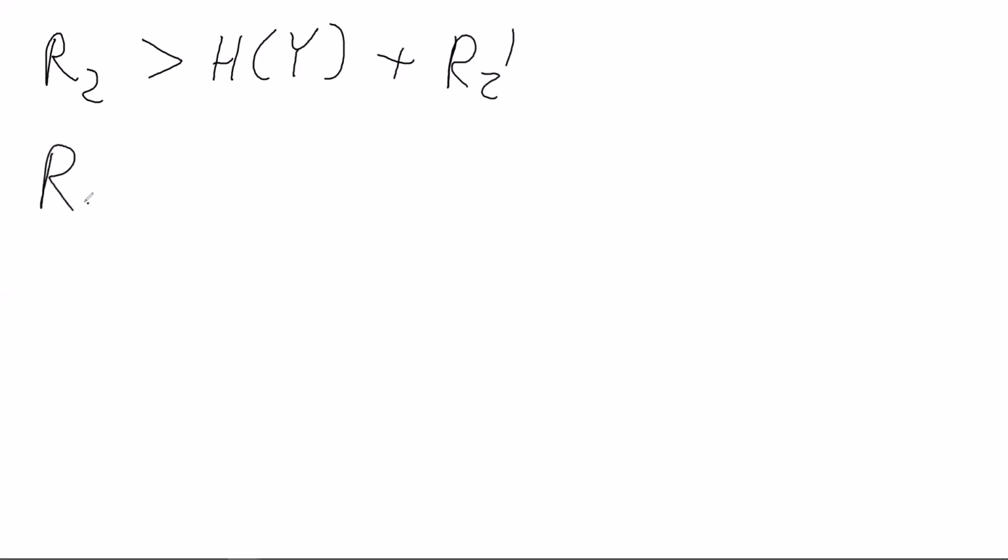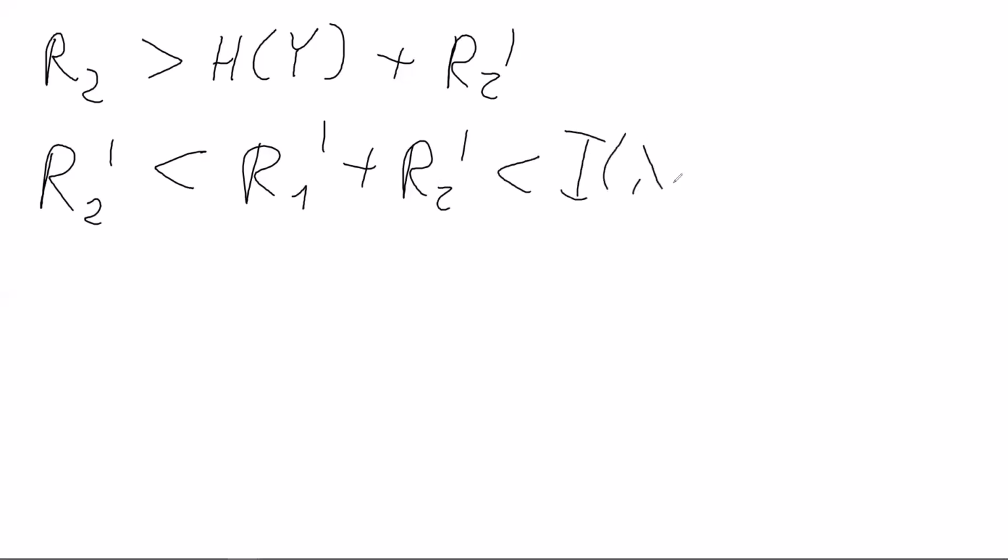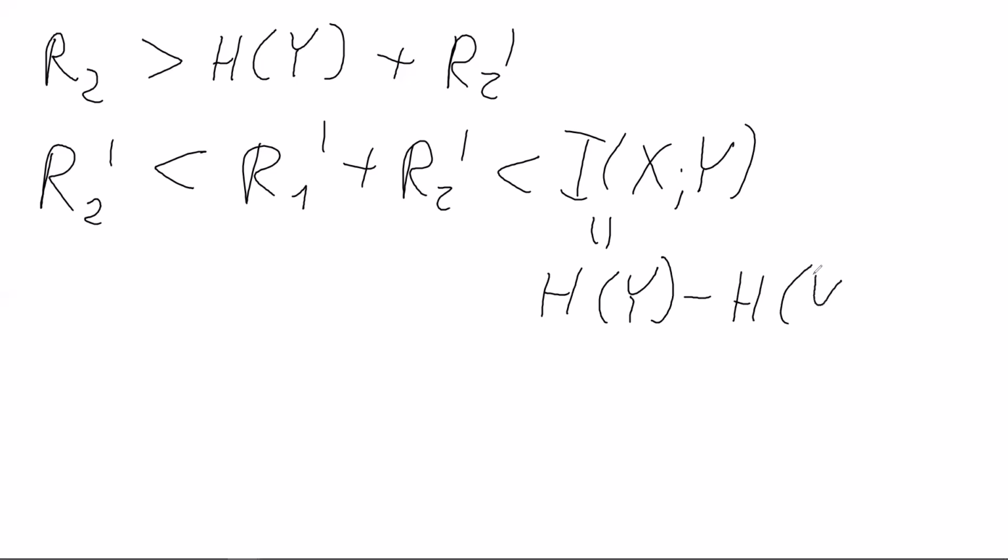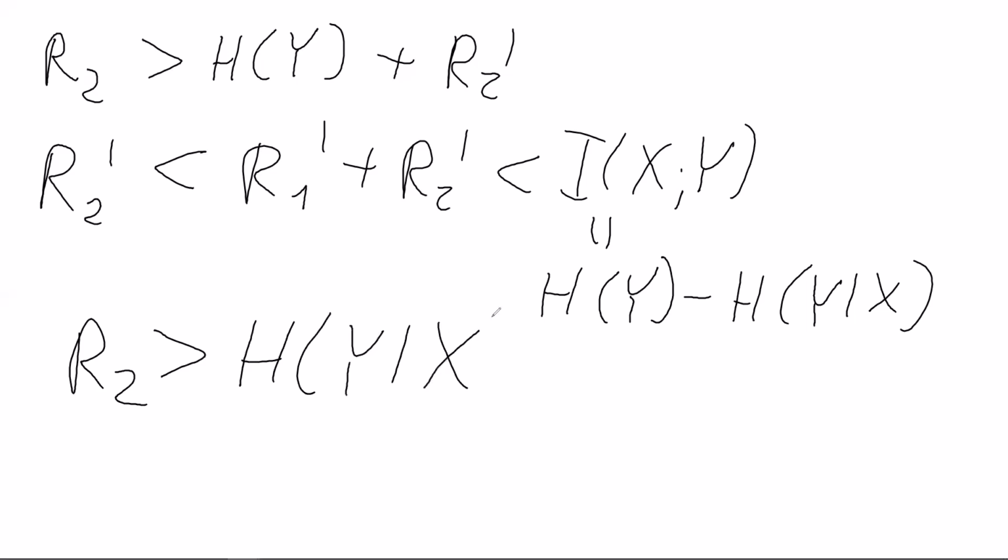And we know that R2 prime, of course, is smaller than R1 prime plus R2 prime, and this is by our condition smaller than the mutual information between X and Y. This we can write as the entropy of Y minus the entropy of Y conditional on X. And if we put this in, we got that R2 is bigger than H of Y conditional on X.